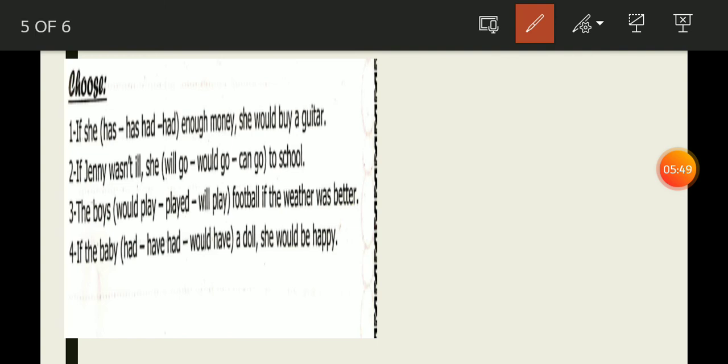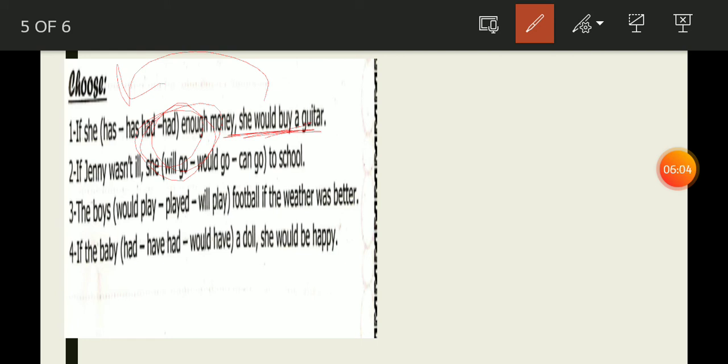Let's see our exercise. If she had enough money, she would buy a guitar. Here would buy, so before it, past simple, which is had.